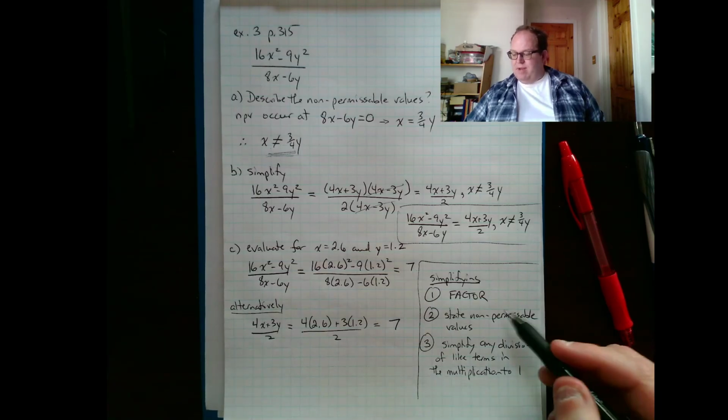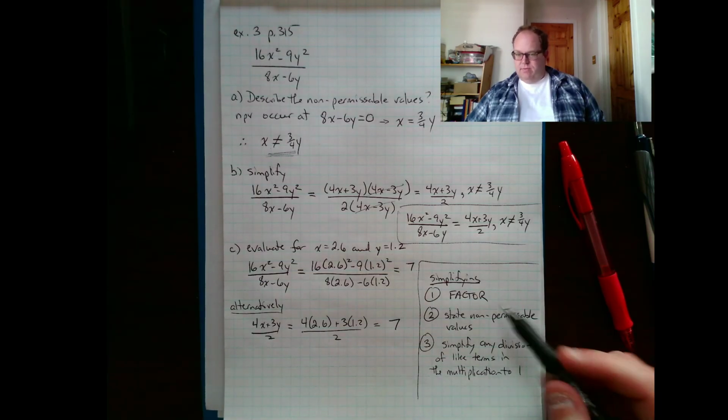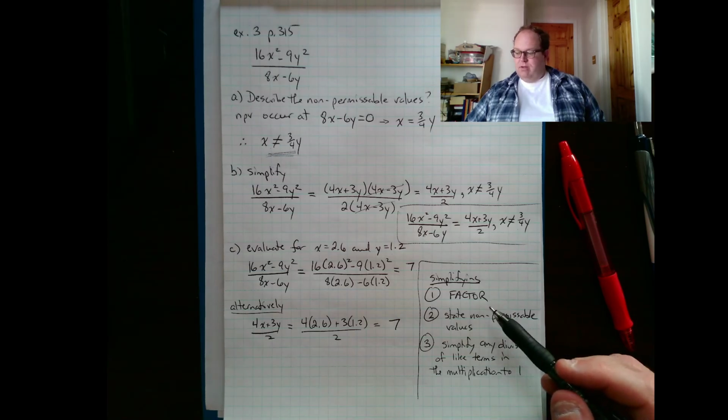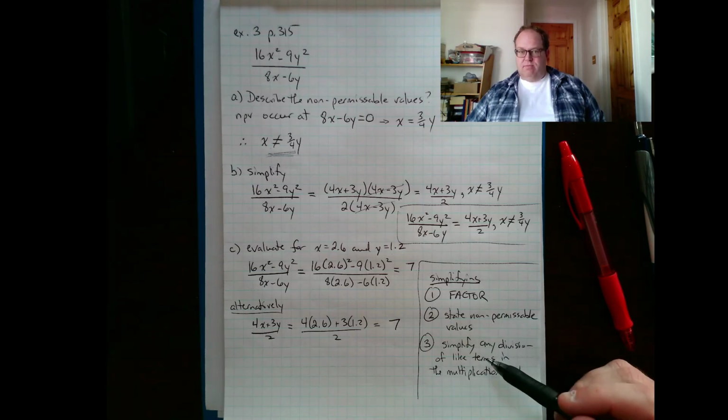And notice that's happening after you have factored everything. After step 1, if it can be factored, then things should be reduced to bits of multiplication.